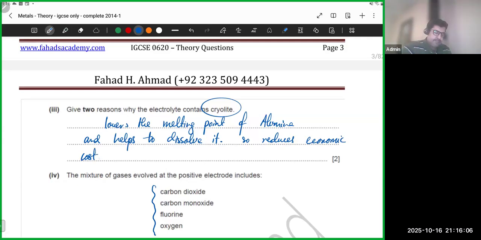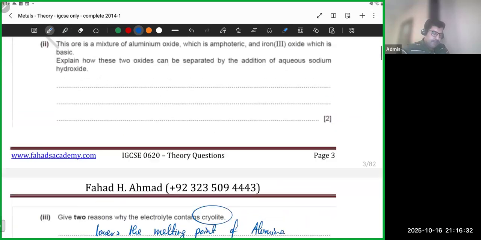So it reduces economic cost, and Al2O3, you have free moving ions, so electrolysis is possible. ठीक है, otherwise electrolysis is not going to be possible.